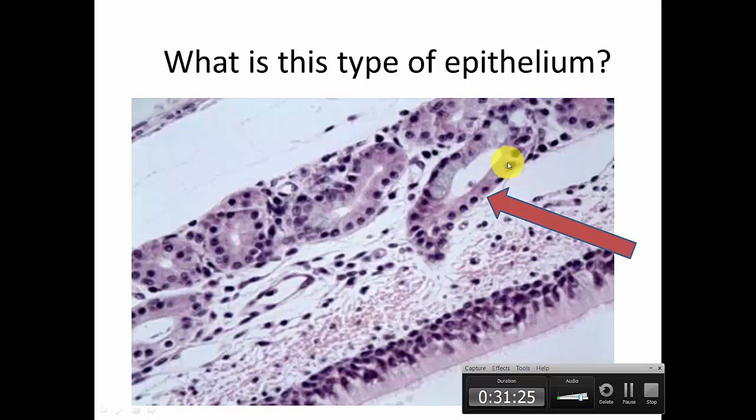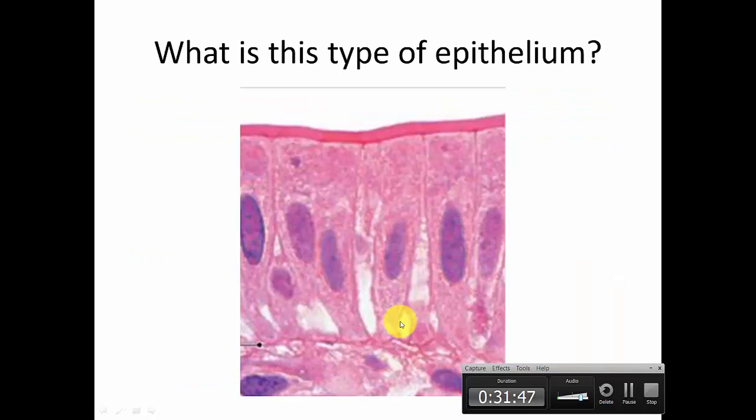How about this one? Well, it's one layer again, and the nuclei are rounded. This means that the cells are cuboidal. So this is simple cuboidal epithelium. How about this one? Again, the nuclei are oval, and you have a tall cell.